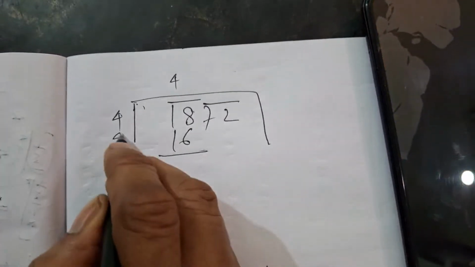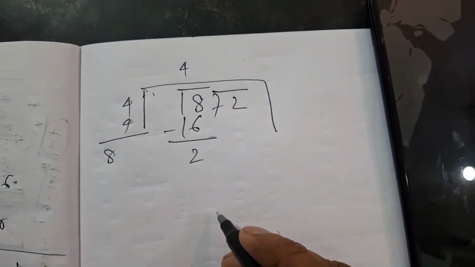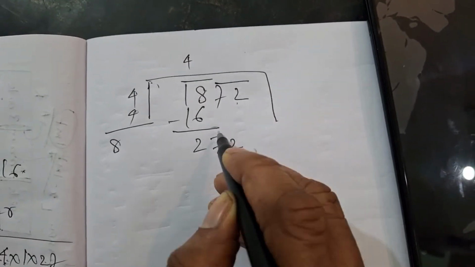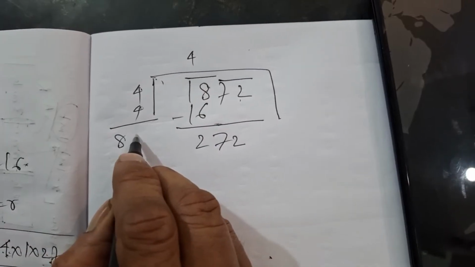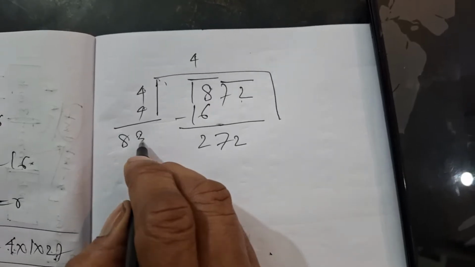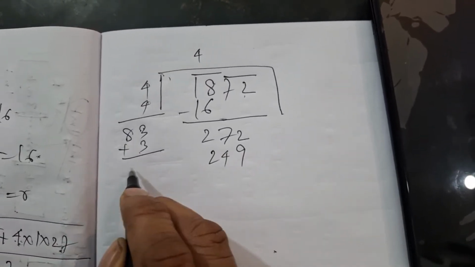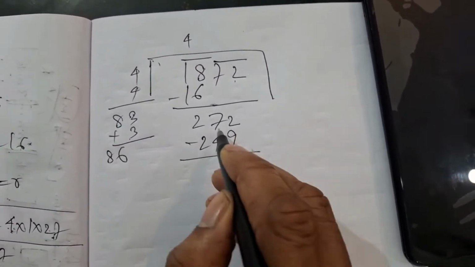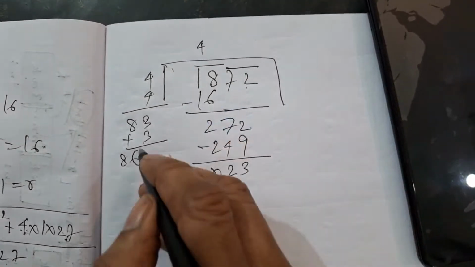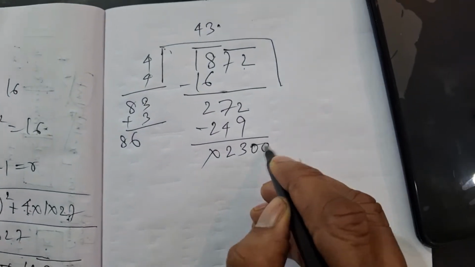So this is 16, 4 8 2. Then apply 2 numbers, and here is 1, 2, 3. The 3 means 24. The 9, 24, add, you will get 86, subtract 12, 3 2, cut. So how many times? 3 times. Point and put here 2 zeros.